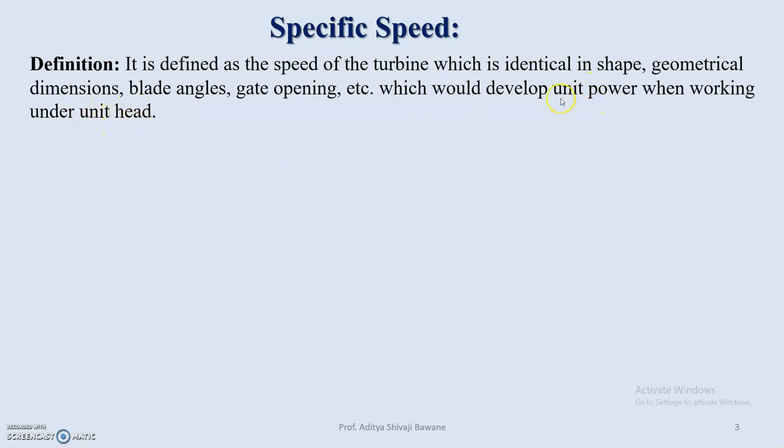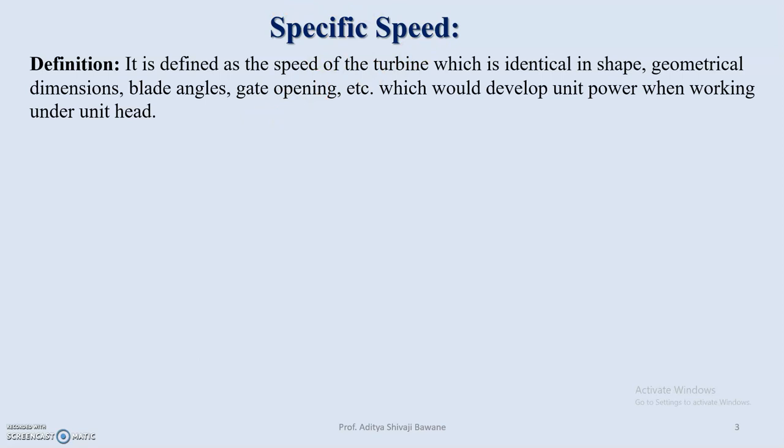So 1 kilowatt power and 1 meter head. For that particular specification, these identical dimensions of the particular turbine, we define that term as specific speed.